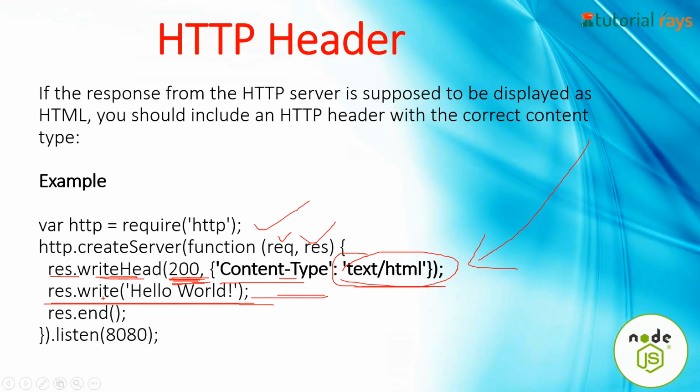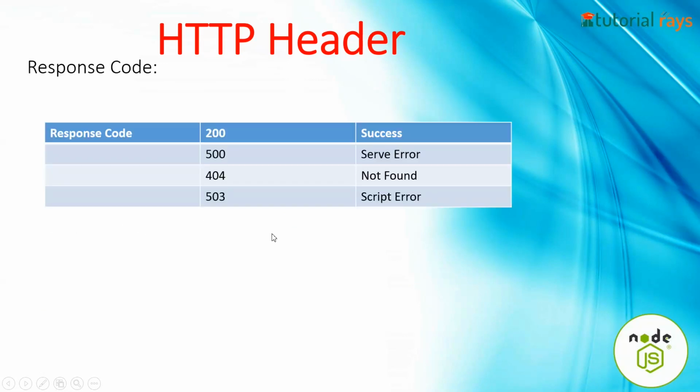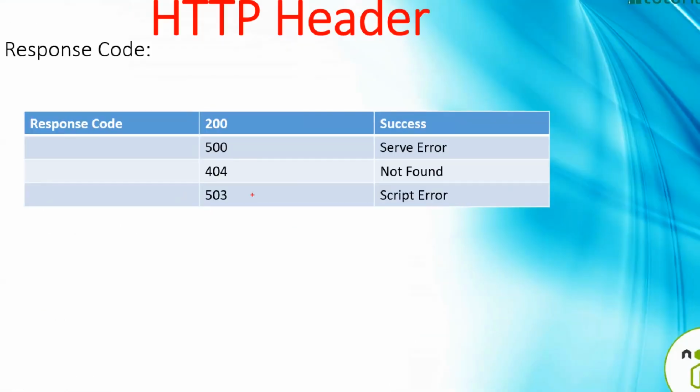So what we need is response.writeHead, and then the response code is 200. So guys, here is the list of different response codes. If there is 200, that means success. If 500, that means server error, there is some problem in the server. If there is 404, that means the data or file is not found.